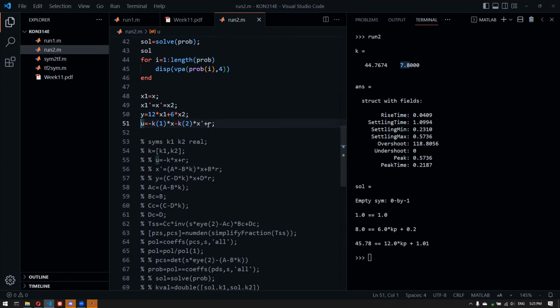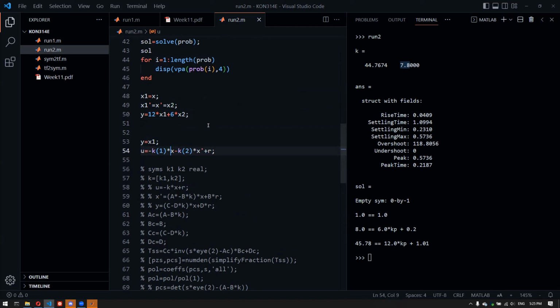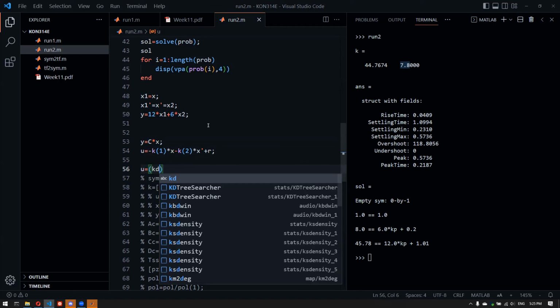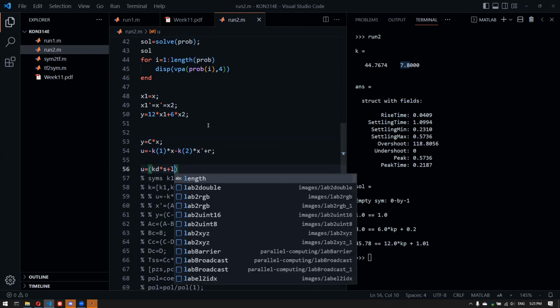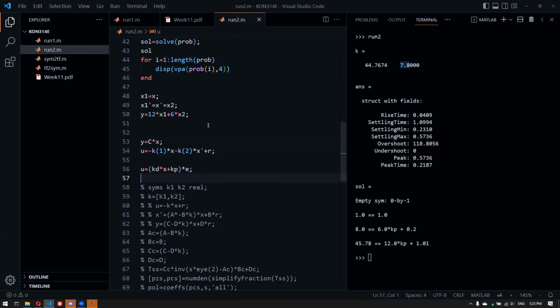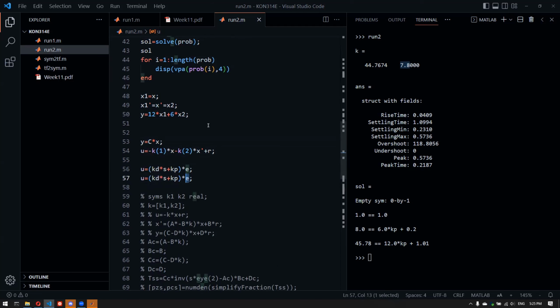Then what we can see, if this is the case, or let me also have C in it, so c times x1 here, or actually x here. What I can do is write down the classical PD controller, for example, kd times s plus kp times e, as you all know. I'm trying to show you what the actual feedback mechanism is here, or what the essential difference is.